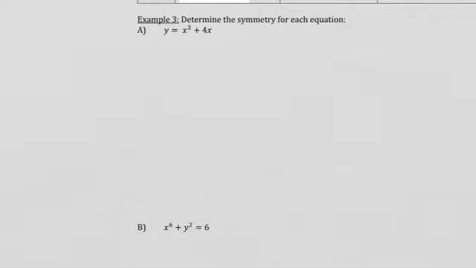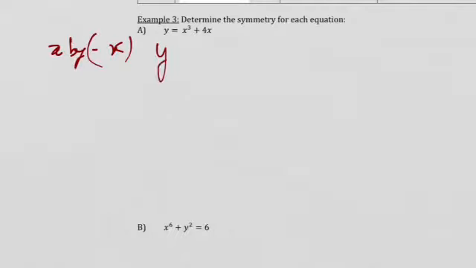So let's jump on example number 3. I'm going to do number 1. If I want to define that x is the axis of symmetry, I'm going to substitute x by minus x. So what do I have?